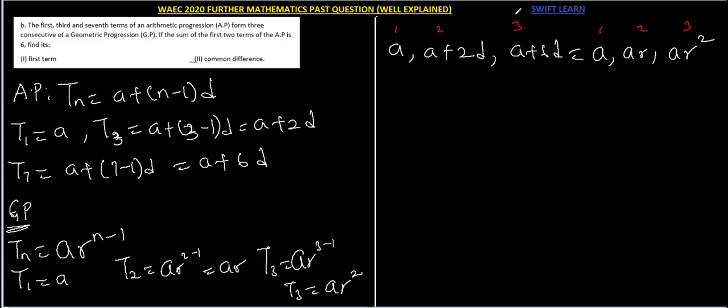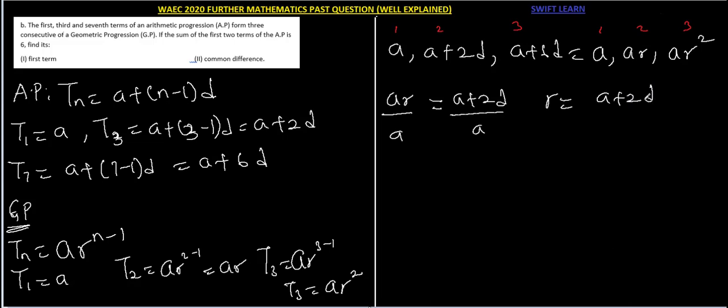If I'm using another color, for example, this signifies 1, 2 and 3, number 1, 2, 3. So I want us to note something. Let me say I want to get the common ratio. That means I will say 2 divided by 1, right? That's ar divided by a. So if I'm doing 2 divided by 1, I must also do 2 divided by 1 here, equals a plus 2d over a. So this will cancel this. Then your r will be what?